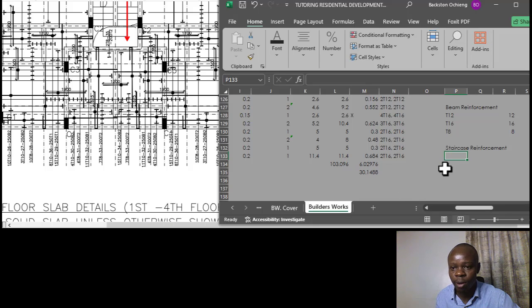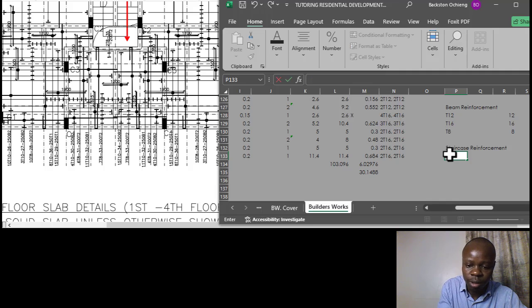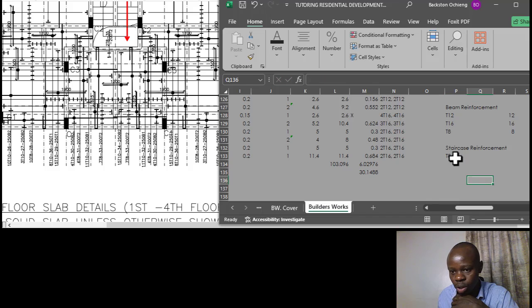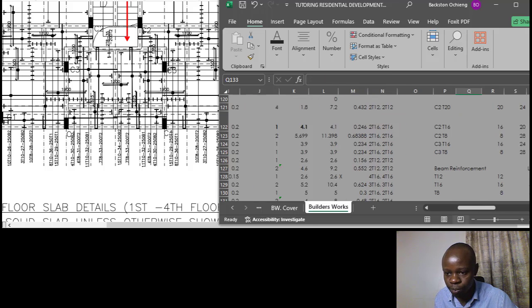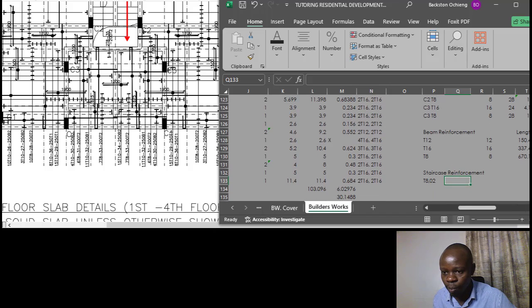So we can start with 02, T8 on caps, T8 02. The 02 is the bar mark, and in this case the length that we've seen is 1.4.